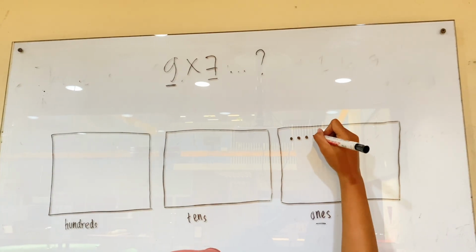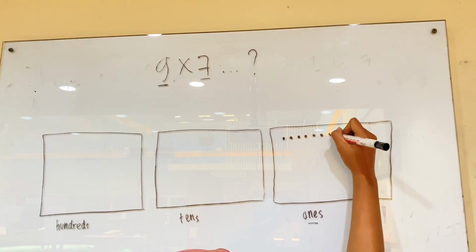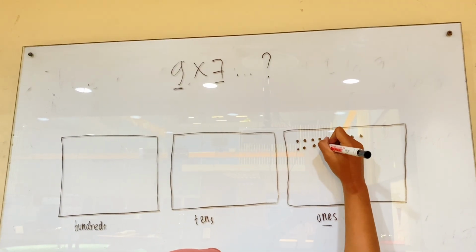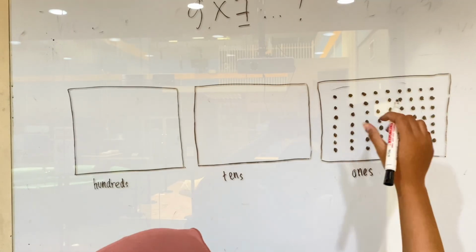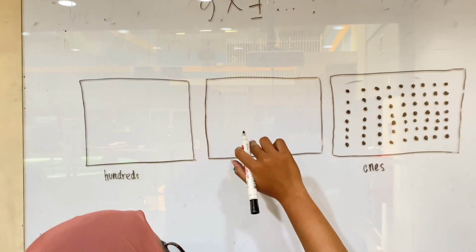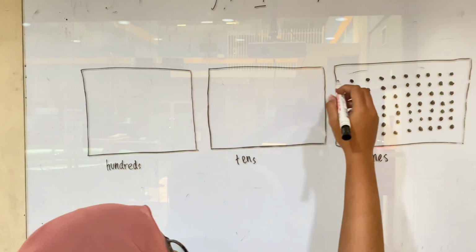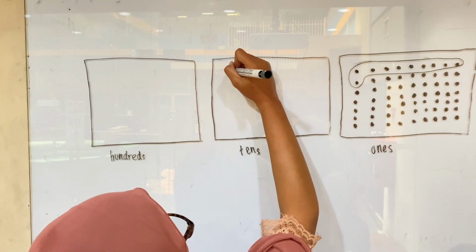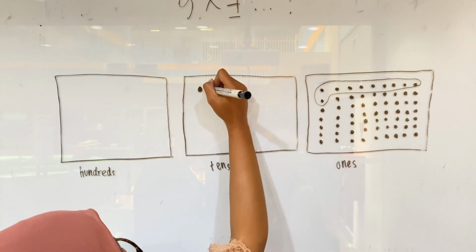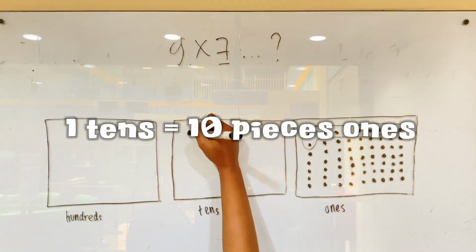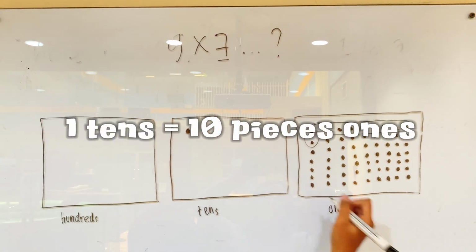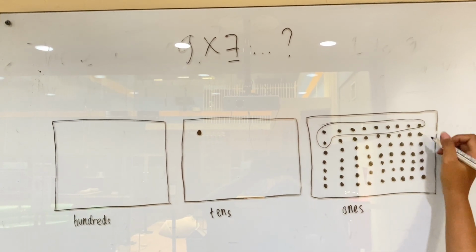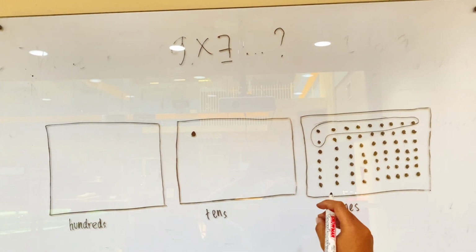The next step is grouping 10 dots and moving them to the 10 boxes. So 1, 2, 3, 4, 5, 6, 7, 8, 9, 10, which is 1 ten. We do the exact same thing until it can't be grouped by 10.